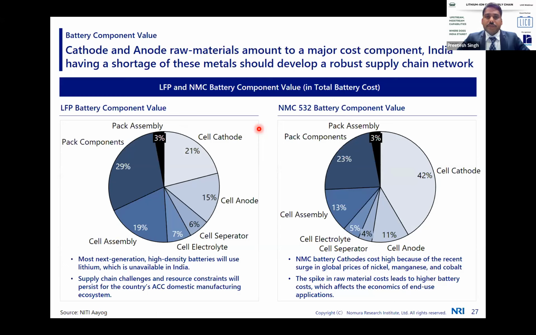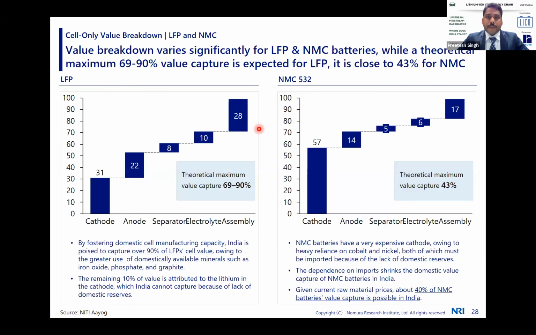Let's also talk about their LFP battery component. There is a difference between NMC and LFP in terms of their cell cathode constitution. If you compare both the chemistries, LFP chemistry is quite favorable for India because of the low constituents of the cell cathode and also high possibility of manufacturing.